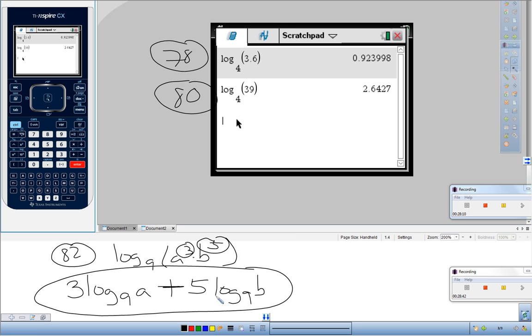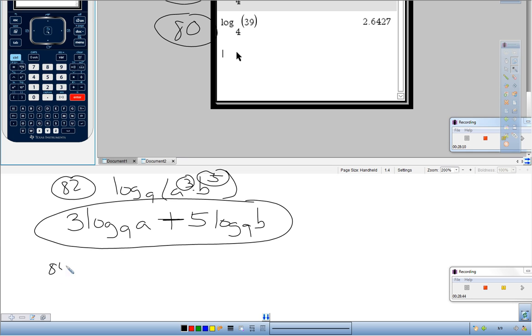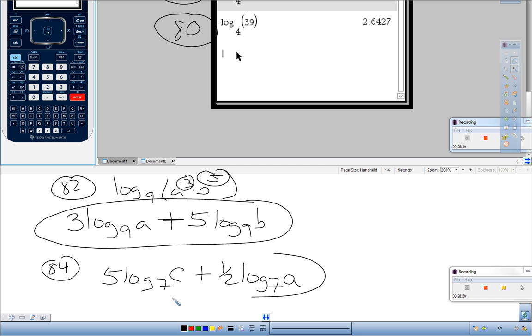And so that will be your answer for 82. For 84, you'd have 5 log base 7 of c plus 1/2 log base 7 of a. And that will be your answer for 84.